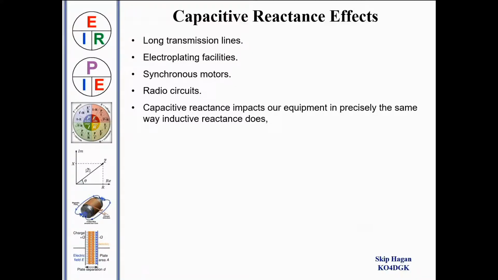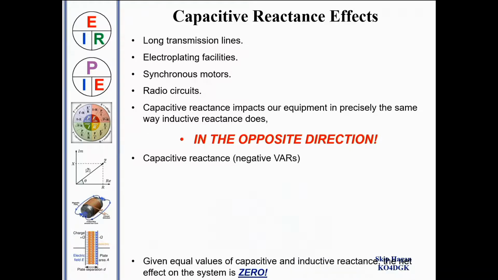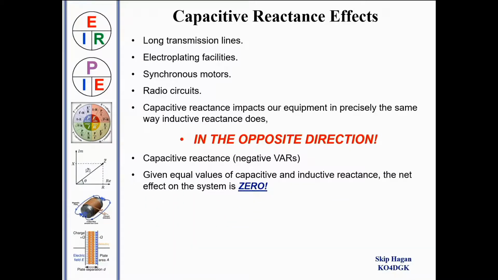So reactance does precisely the same thing, but it works in the opposite direction. We have an opposition to voltage, but in an opposite direction. Capacitive reactance produces negative VARS. Given equal values of capacitive and inductive reactance, the net effect on the system is going to be zero. They'll cancel each other out.